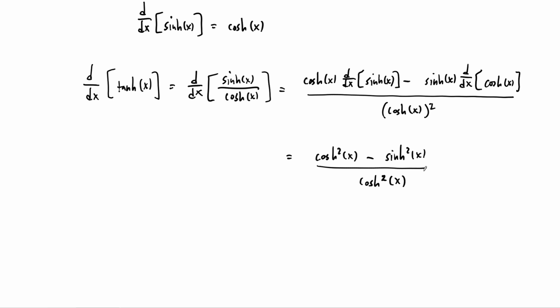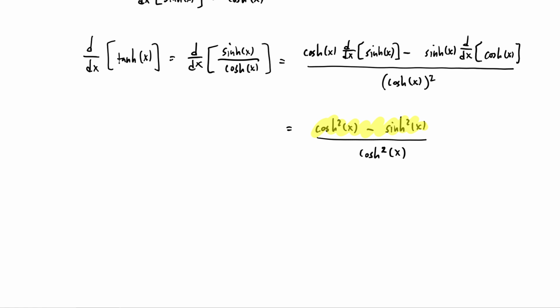And now we want to remember something about the geometric definition of sinh and cosh. These are called hyperbolic trig functions because they came from a unit hyperbola, right? And we built this unit hyperbola in such a way that the defining equation of these hyperbolic trig functions was exactly this, right? That cosh squared of tau, we called it tau in the last lecture, minus sinh squared tau had to equal 1 for all tau, so therefore for all x as well.